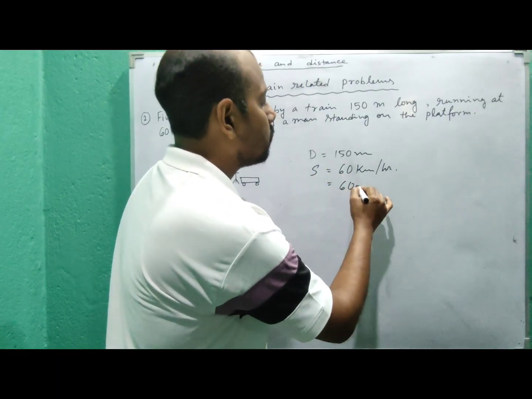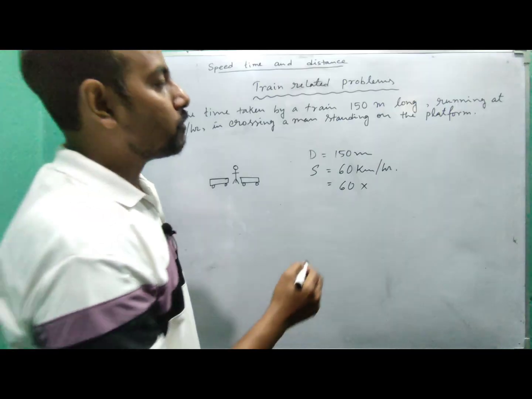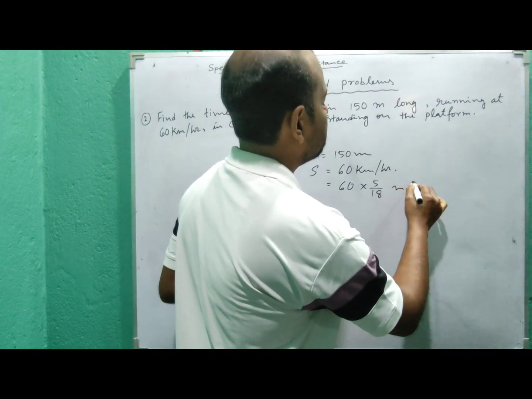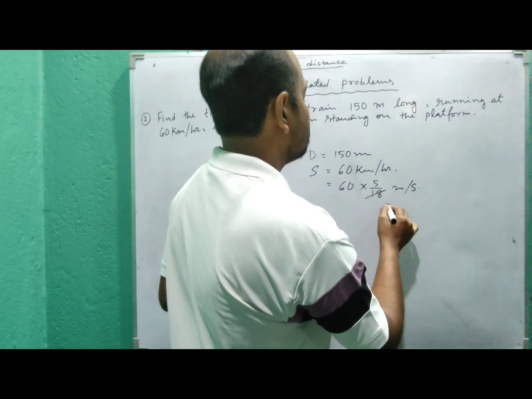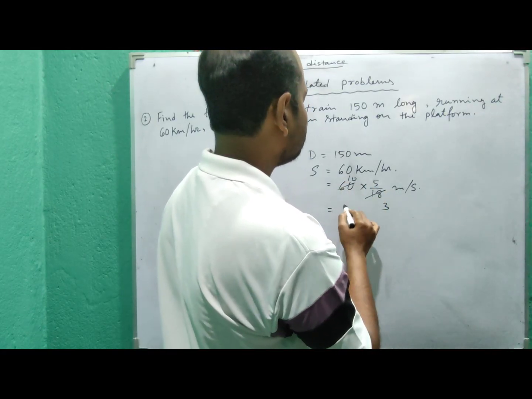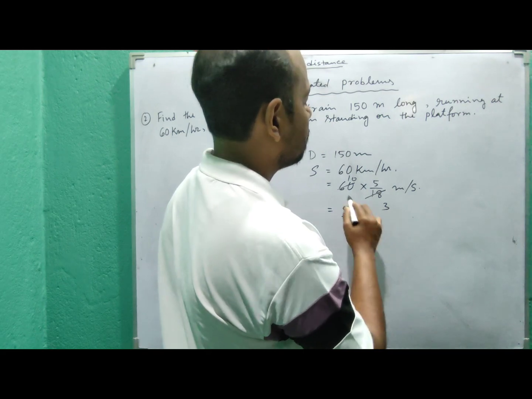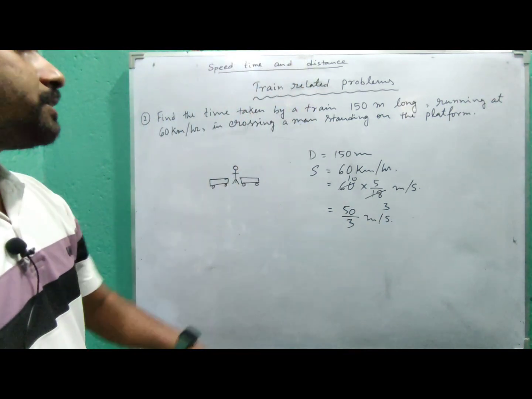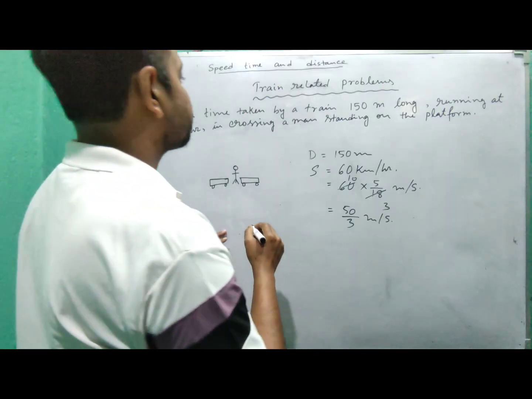To convert kilometer per hour to meter per second, we multiply by 5 by 18 meter per second. So 6 3s are 18, 6 10s are 60, 50 by 3 meter per second. Speed is 50 by 3 meter per second.